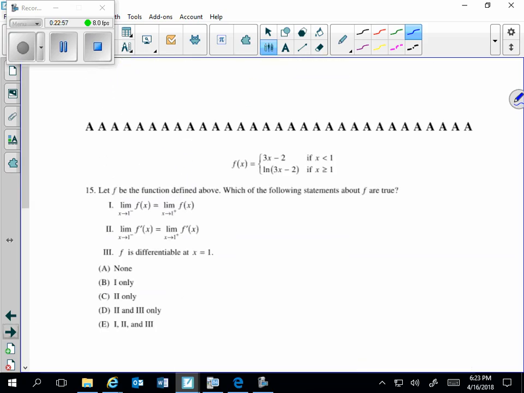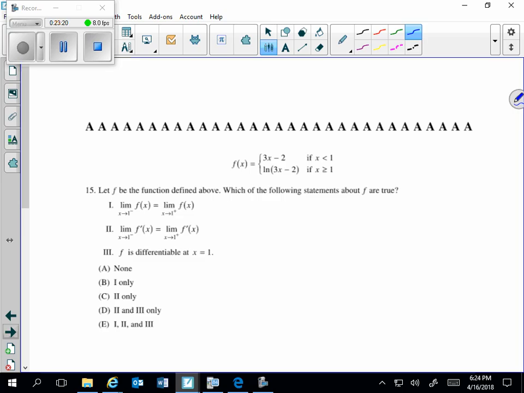Question 15. All right, so we have one of those where you have to find out which of the statements are true. Statement 1. The limit as x approaches 1 from the left equals the limit as x approaches 1 from the right. To evaluate a limit, I simply plug in the values.